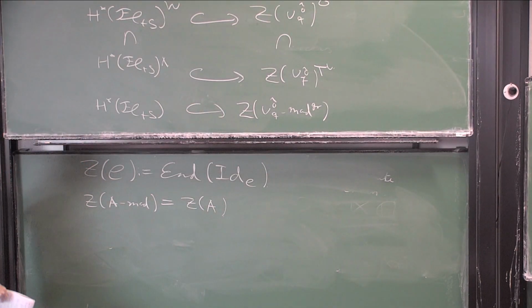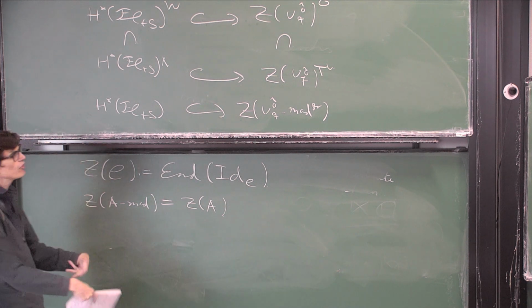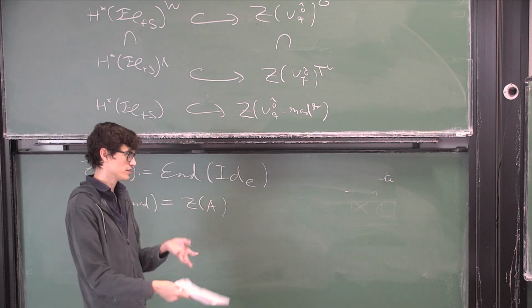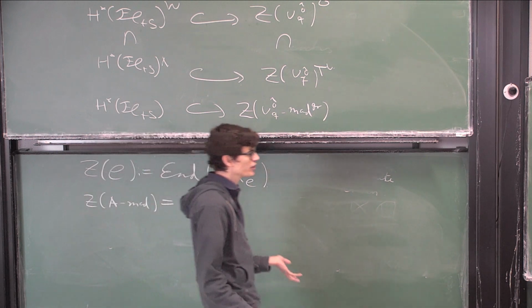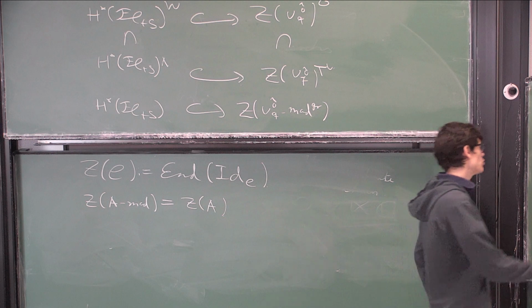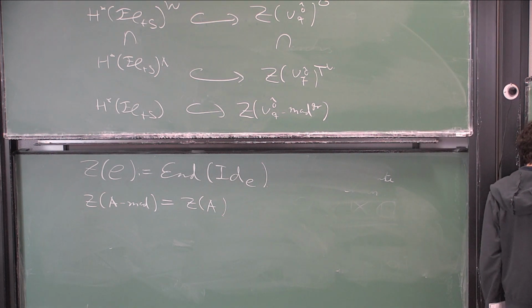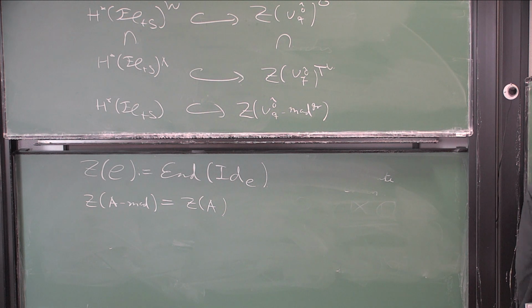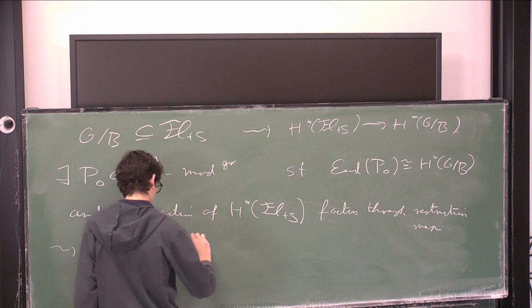So what we can try to look at is not just this P0, but P0 together with all the possible actions by this Springer action. So what we're going to do is act on the category by this braid group action to create some elements P lambda. These are all derived, well, except P0.